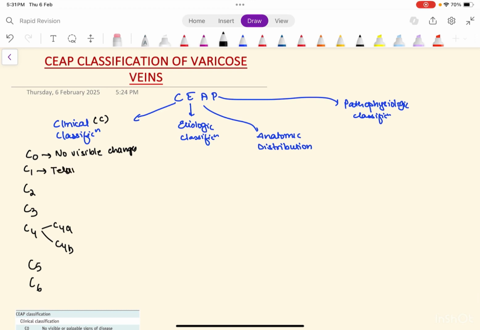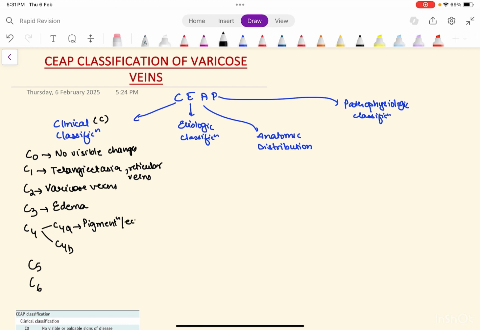Alright. Now C1 is telangiectasia, reticular veins. C2 is varicose veins. C3 is edema. I will tell you through photograph also.